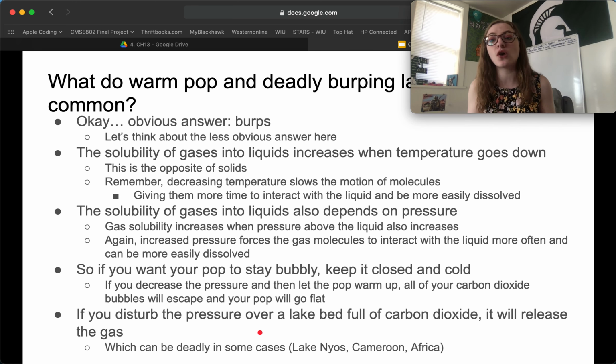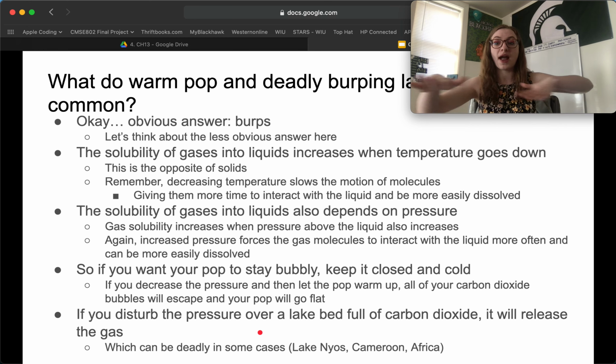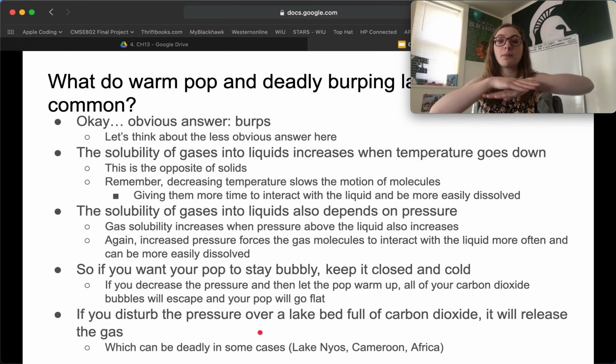Those molecules slow down. They're not moving quite so fast flying around. This gives them more time to interact with the surface of the liquid and to be pulled in and dissolved and to form those interactions that pull that gas into that liquid. So if it has more time to interact with the surface of the liquid because it's moving much slower, it's going to be more easily dissolved.